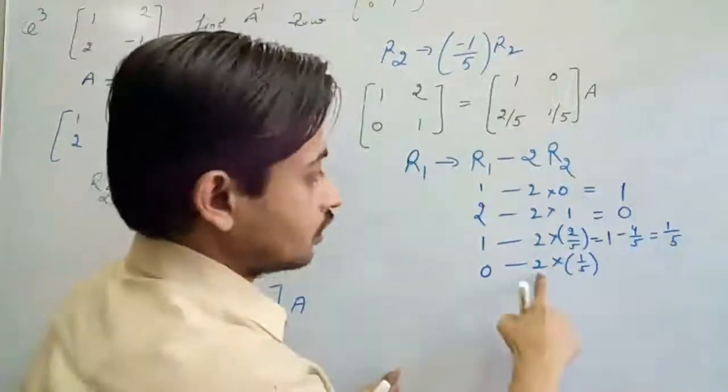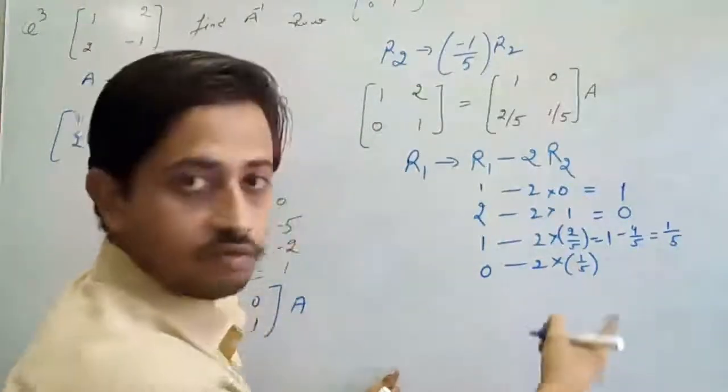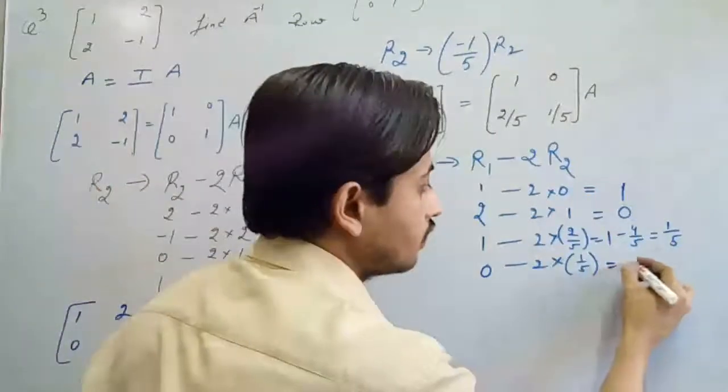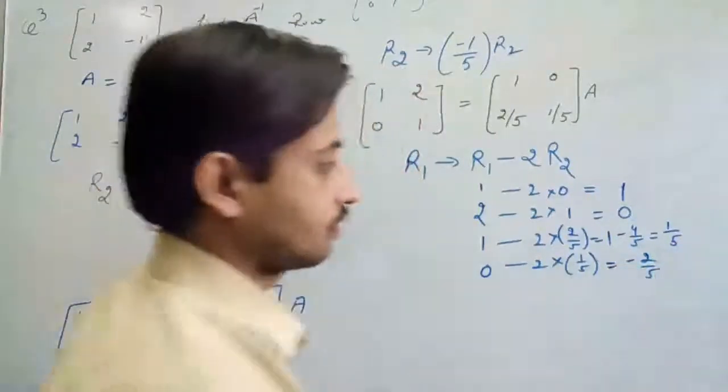Now 2 into 1 by 5, 2 by 5, 0 minus 2 by 5, we get minus 2 by 5.